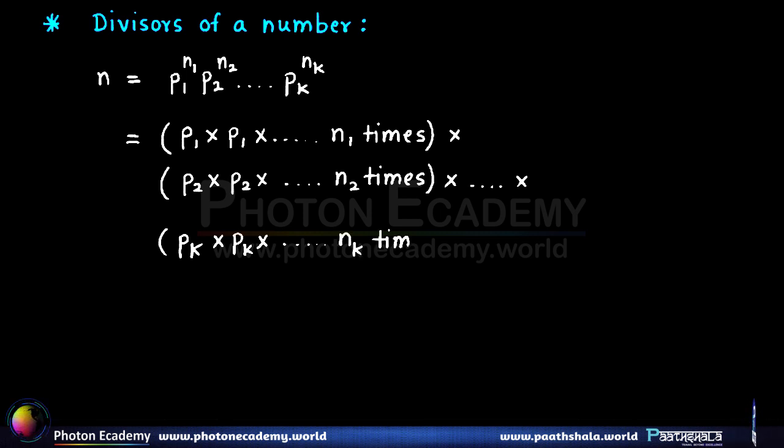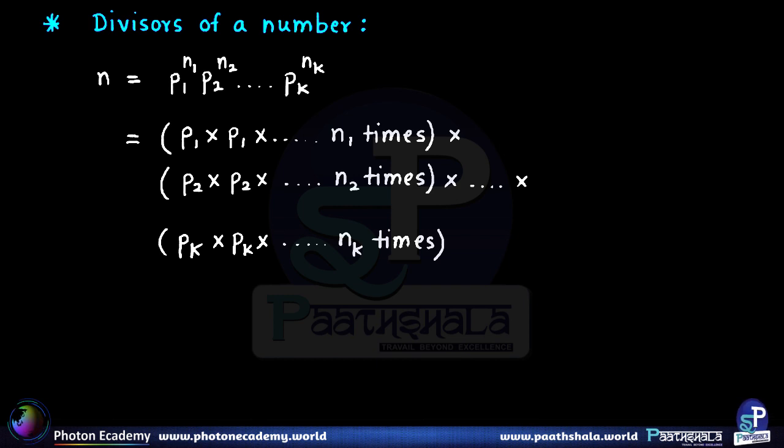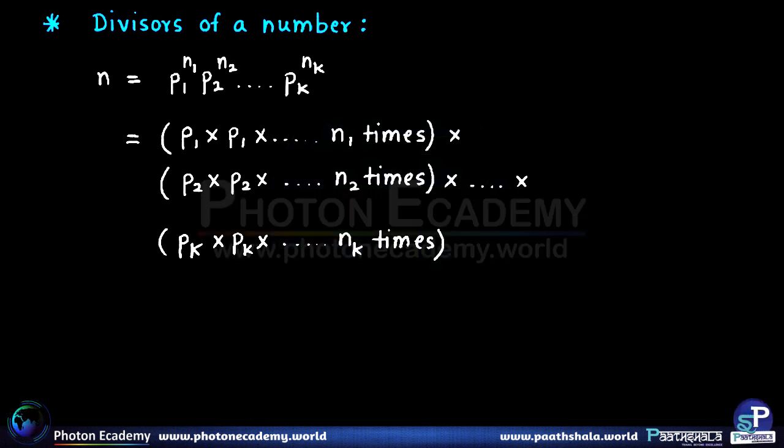So if we want to count how many divisors there are of the original number n, basically we have to know how many ways there are to select any one or more of the individual prime factors from this product.